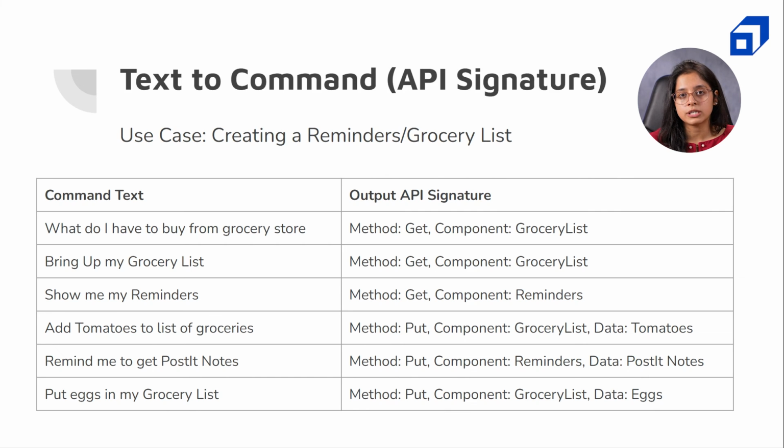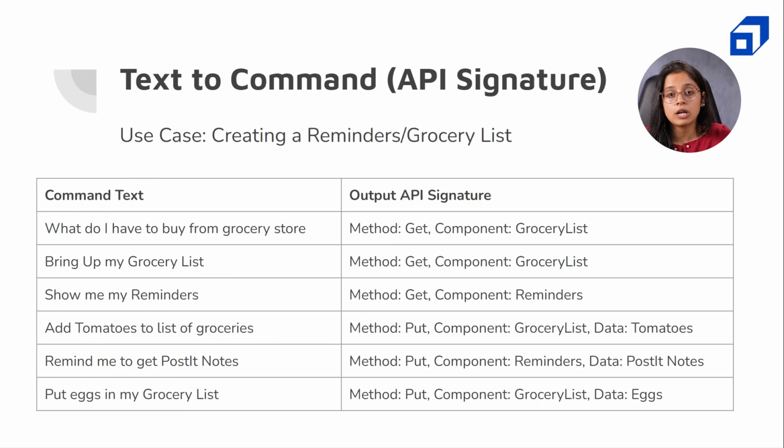Coming to another use case, we need to convert text to an API signature. This is also another use case that most developers use. For this, we are using simple natural language programs to convert to the API signatures of the particular platform. Here, I'm creating reminders or a grocery list.